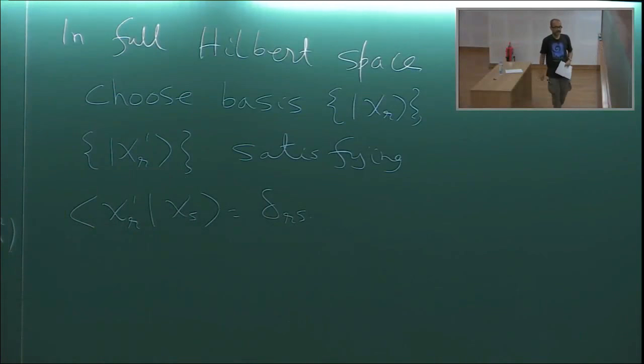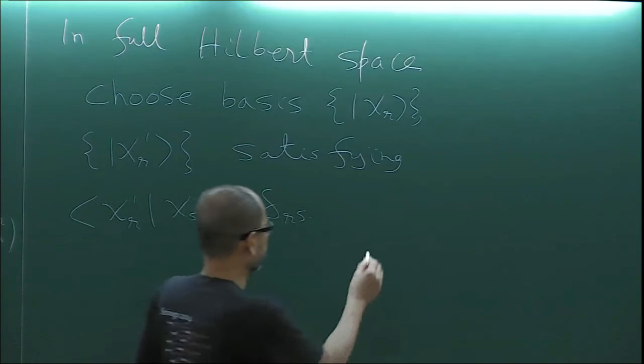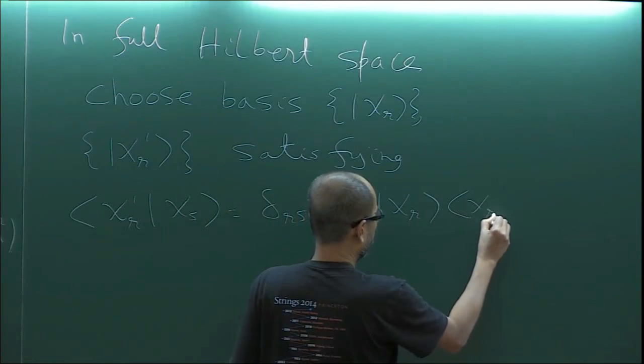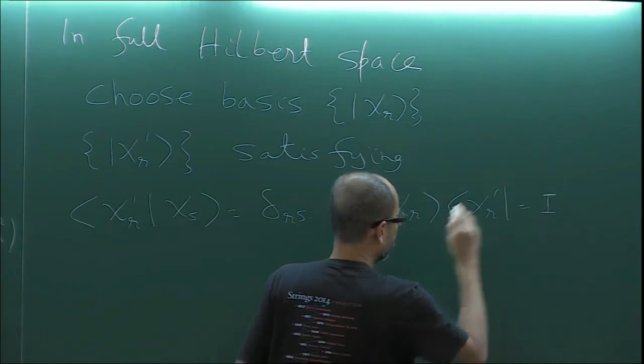Okay, if you recall, you had introduced this in order to analyze the propagator. And then you have a completeness relation, that sum over chi r chi r prime is identity in the full Hilbert space.